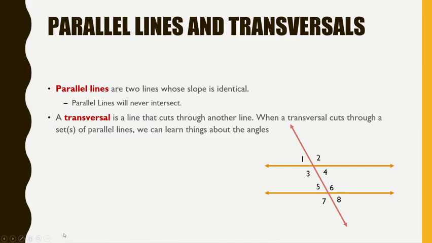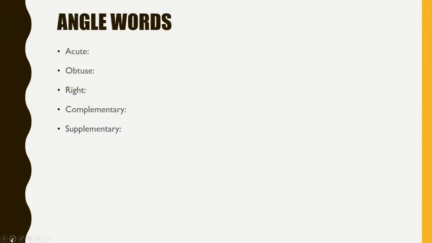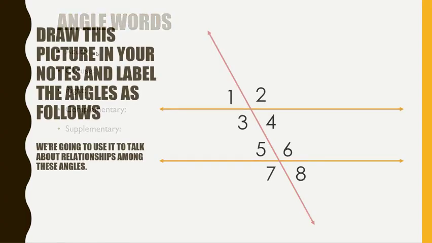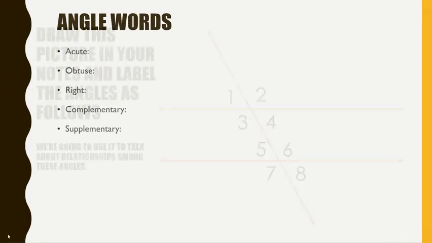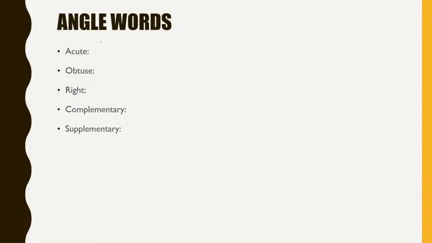Okay, so let's talk about what acute means, if you can't remember. An acute angle is less than 90 degrees. An obtuse angle is bigger than 90 degrees.